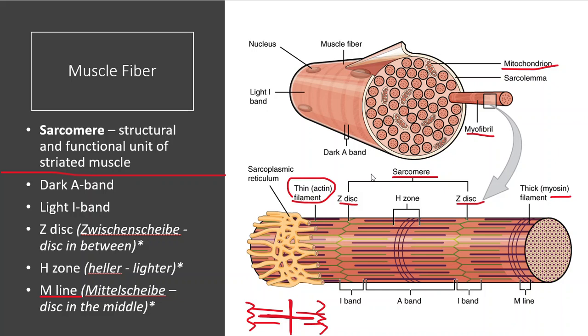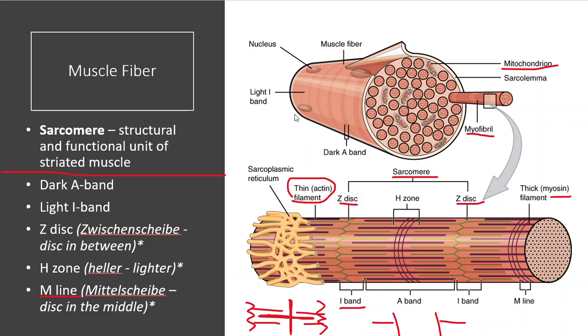Now as far as all these bands in this H zone, the I band, if you look, the I band goes from the end of a thick filament in this sarcomere to the beginning of the thick filament in this one. So basically the I band is a place where you have no thick filaments.